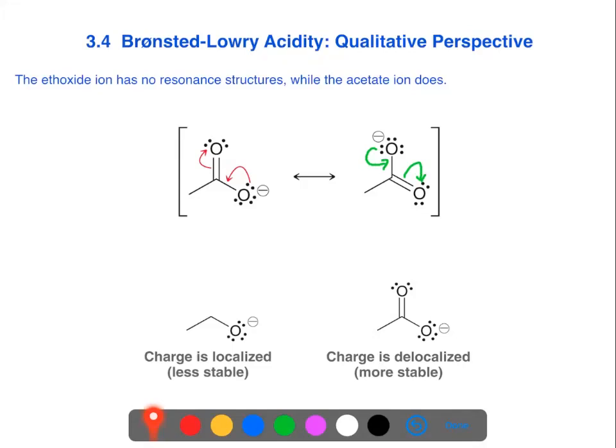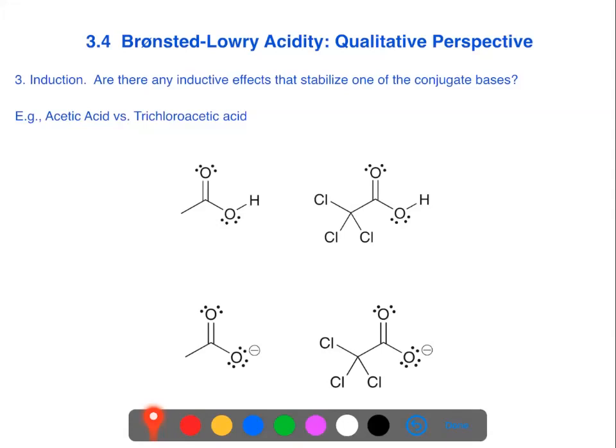And in fact, we know that's the case, that the pKa of acetic acid in our table was listed as 4.75, whereas the pKa of ethanol was 16. A third factor that can affect the relative stability of a conjugate base is induction.